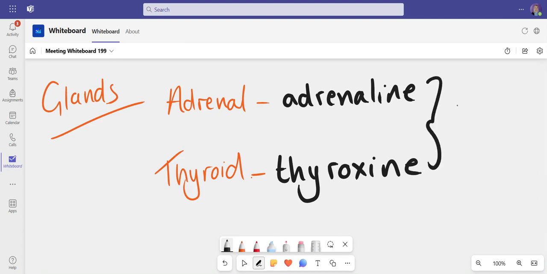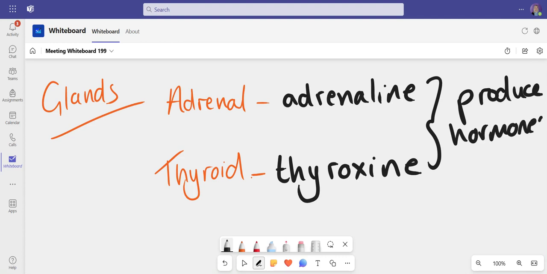Okay. So, they produce hormones. Now, when they secrete those hormones, what they both have in common is they increase the body's metabolic rate.